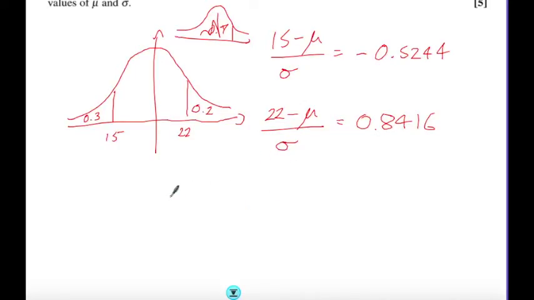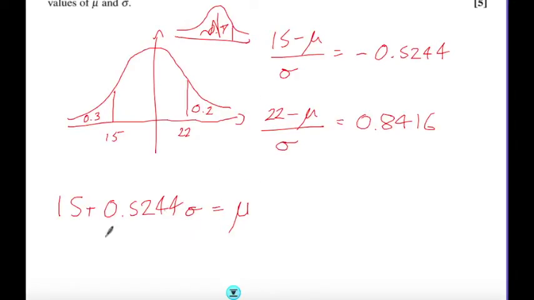Right, so now we have to solve these simultaneous equations. So the way I would always do this is make mu the subject. So if we make mu the subject of the first one, it's going to be 15 plus 0.5244 sigma equals mu. So what I've done basically is times by sigma and then moved it around a bit to get mu on its own and positive.